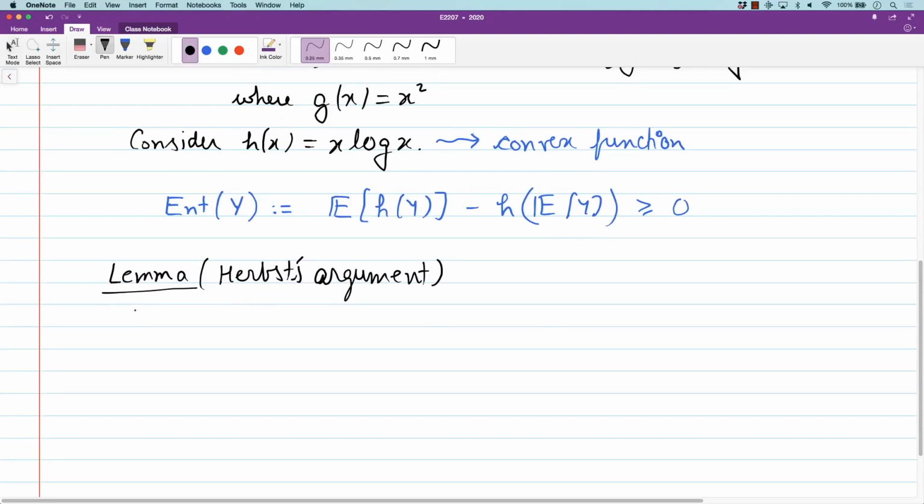It says, let's fix lambda greater than or equal to 0, and consider the random variable Y defined as e to the power lambda (Z minus expected value of Z).